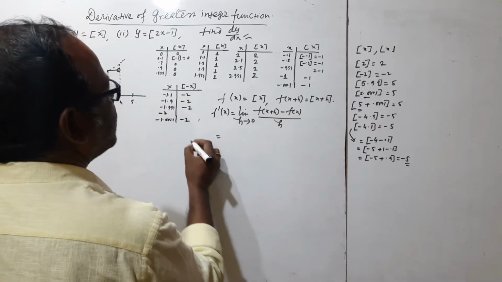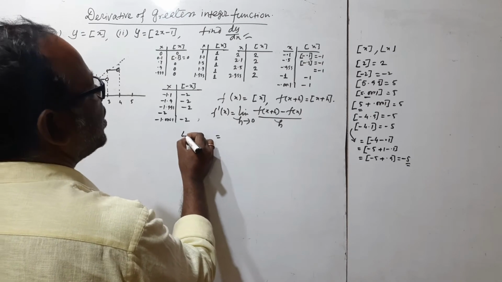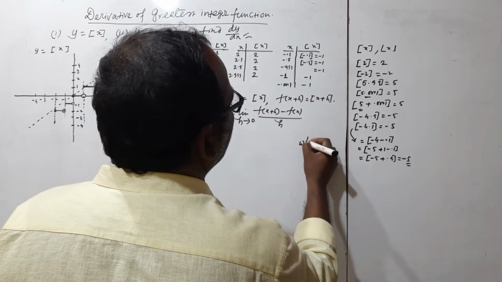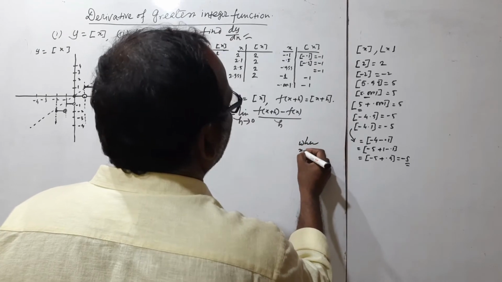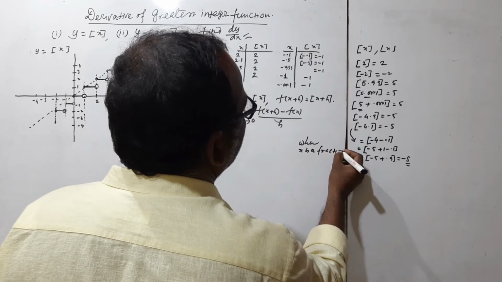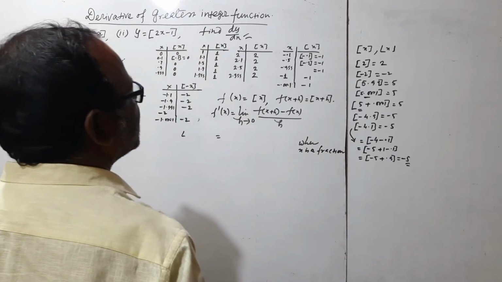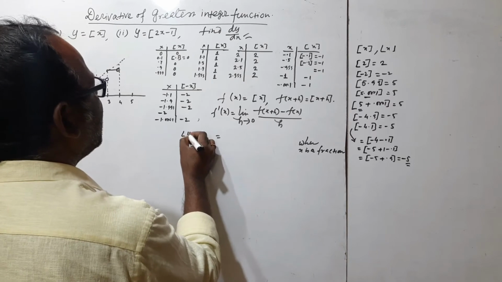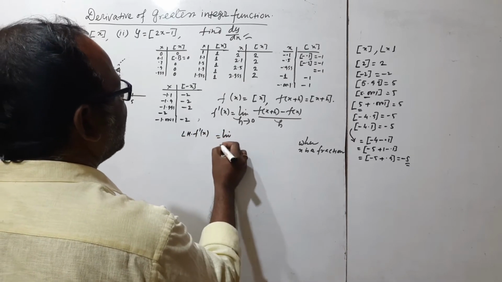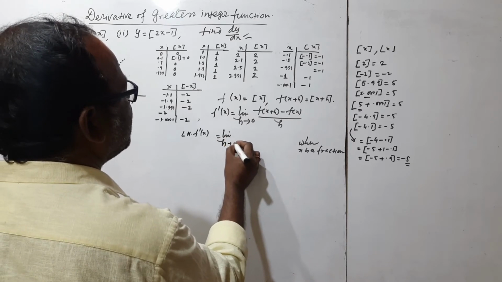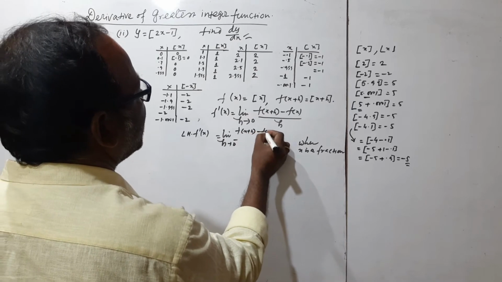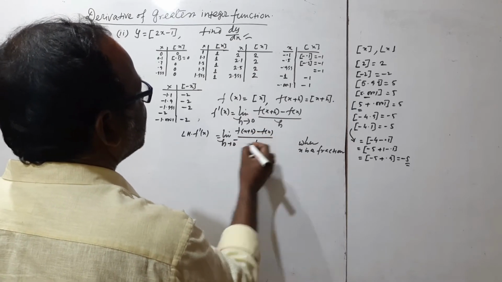Okay, so now the left hand derivative when x is a fraction, then left hand f dash x is limit h tends to 0 minus of f of x plus h minus f of x over h.